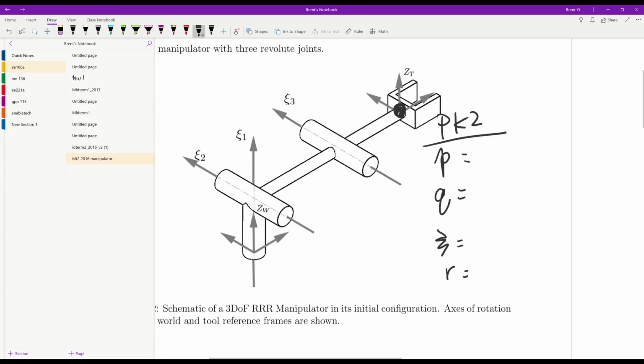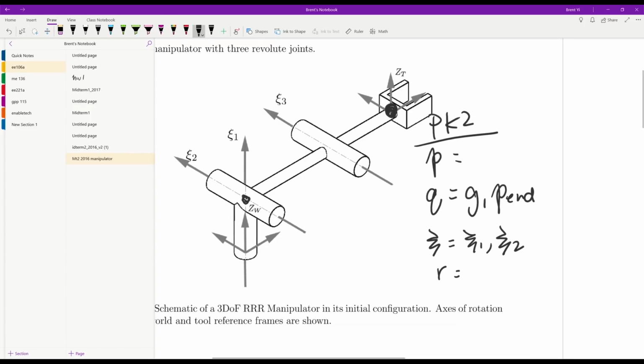So that's just G1 P end, right? Where P end is in the initial configuration, and G1 maps that to the desired configuration. The twists are twist 1 and twist 2. And then R is the shoulder point. So for PK2, R is just the intersection point. And that we use 0, 0, L0.